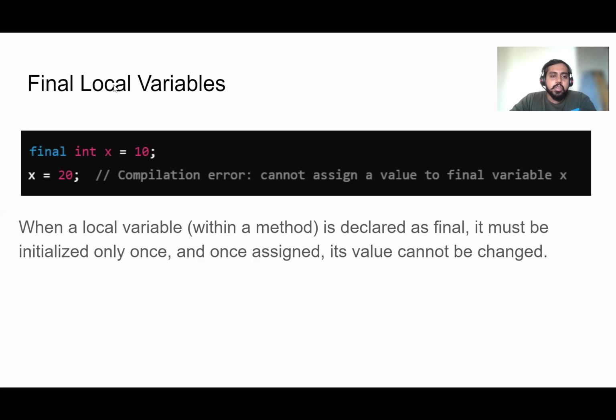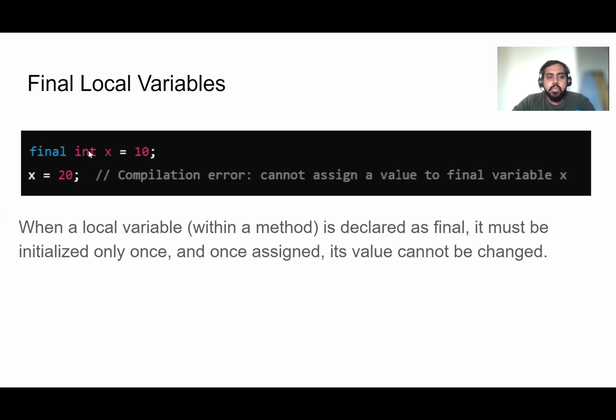Here I have declared a variable named x, of type int, made it final, and using the assignment operator equals I'm assigning the value 10. So the x variable will hold this 10 value.